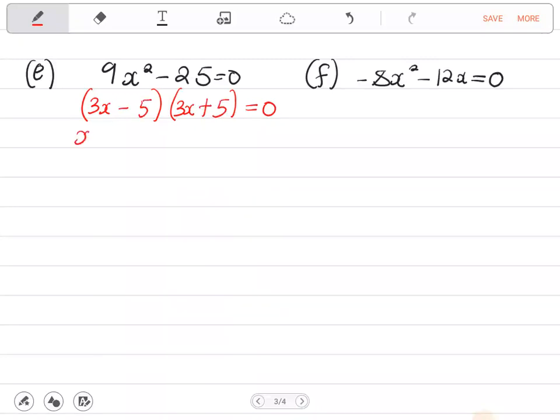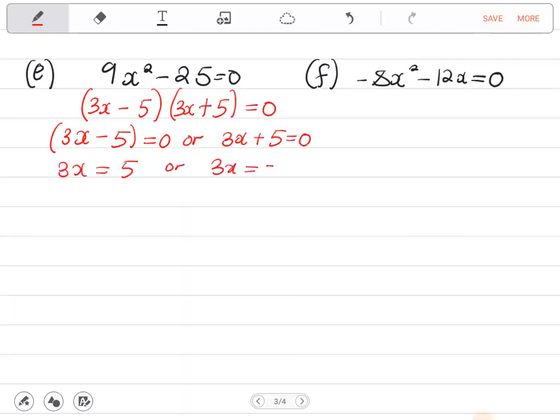So we say 3x minus 5 is equal to 0, or 3x plus 5 is equal to 0. So we're going to say 3x is equal to 5, and 3x is equal to negative what? 5. So now we divide throughout.